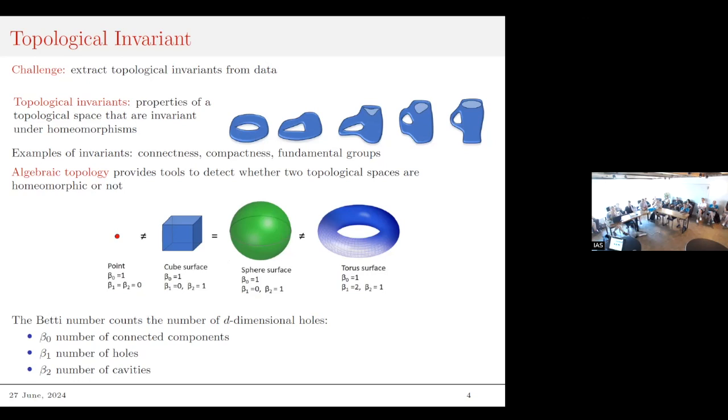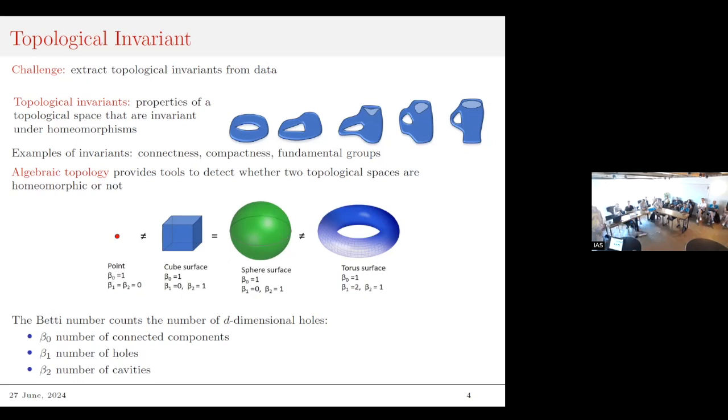For example, we have the Betti numbers. The Betti number counts the number of d-dimensional holes that we have in a topological space. For example, Betti number 0 counts the number of connected components of the space. Betti number 1, the number of holes, Betti number 2, the number of cavities.